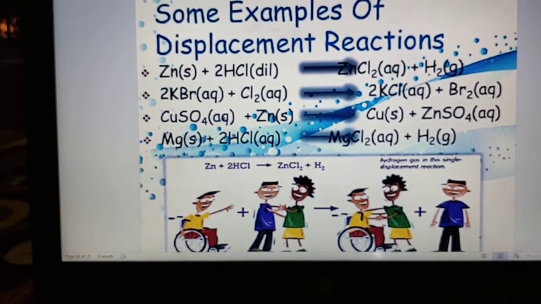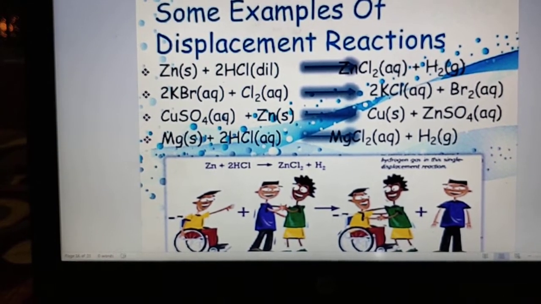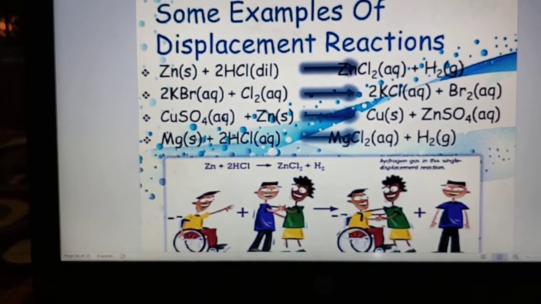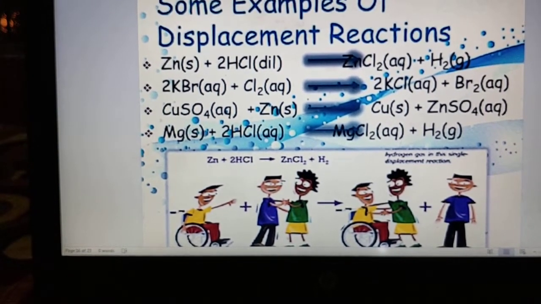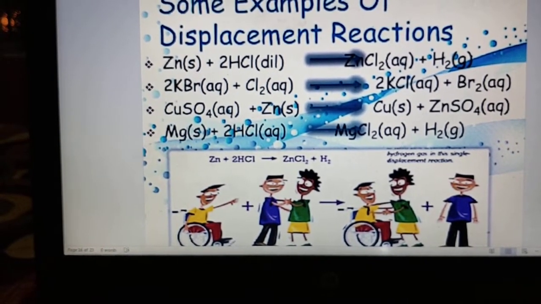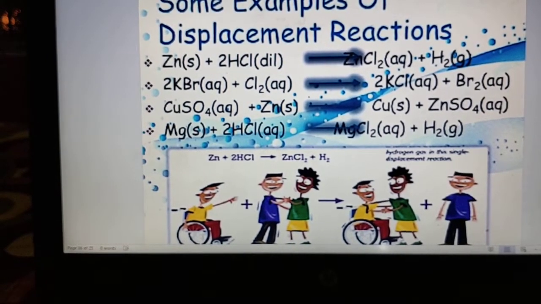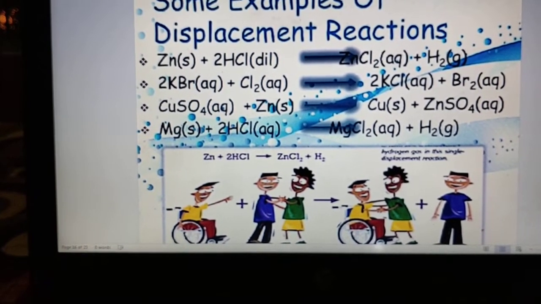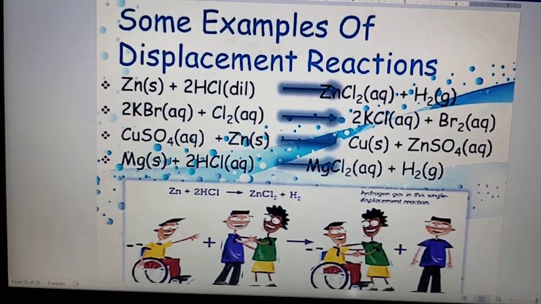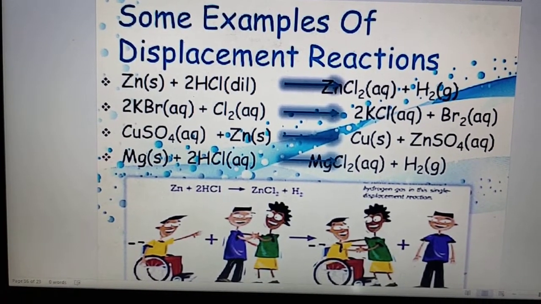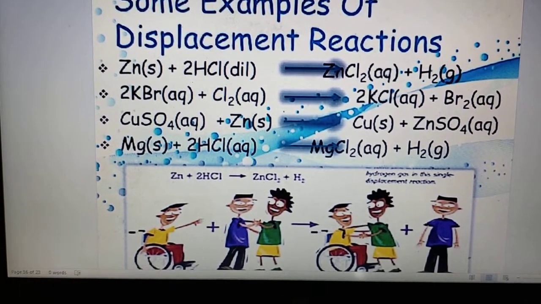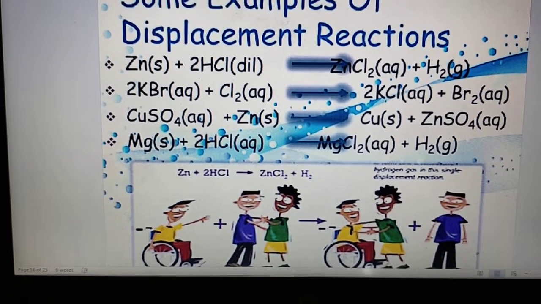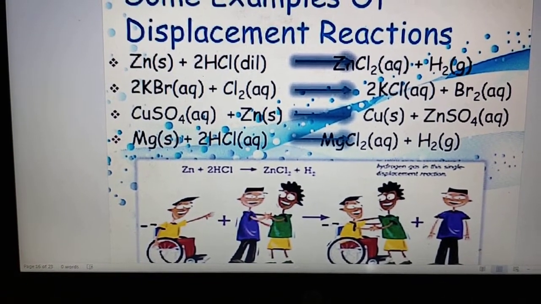Zinc plus hydrochloric acid becomes zinc chloride plus hydrogen. And the second one is potassium bromide plus chlorine becomes potassium chloride and bromine. Here hydrogen is displaced by zinc and bromine is displaced by chlorine.